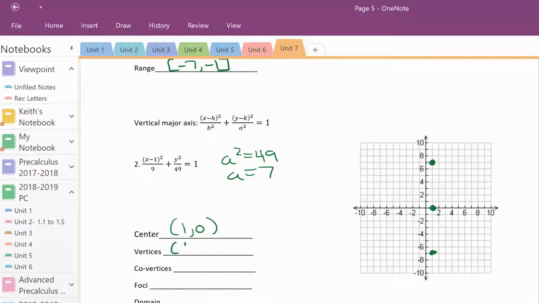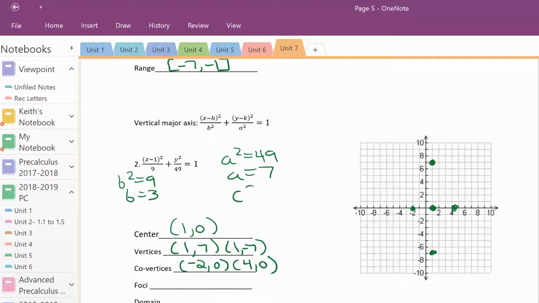So that means we go (1, 7) and (1, -7). And then our co-vertices, we know b squared is equal to 9, so b is equal to 3. So we go 3 to the right and 3 to the left. So we go (-2, 0) and (4, 0).